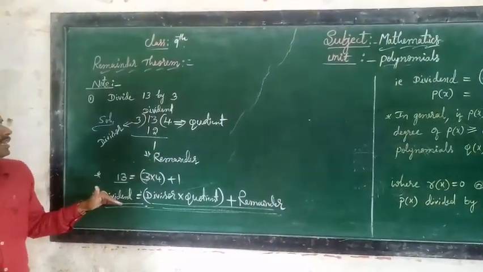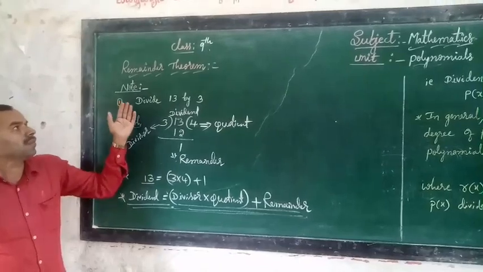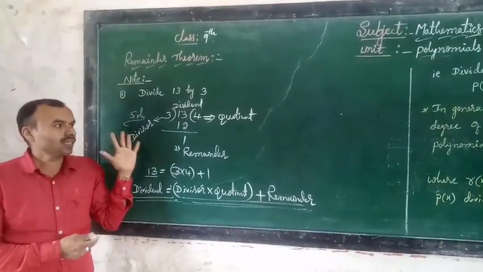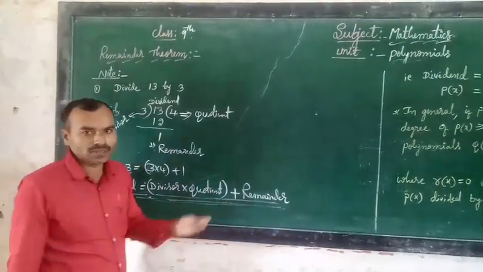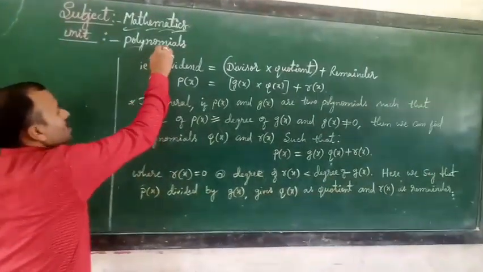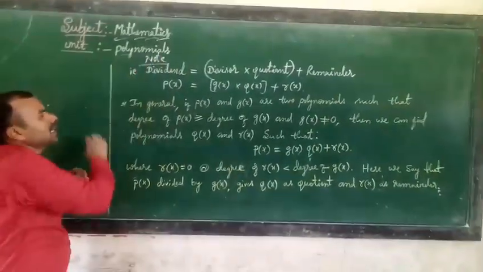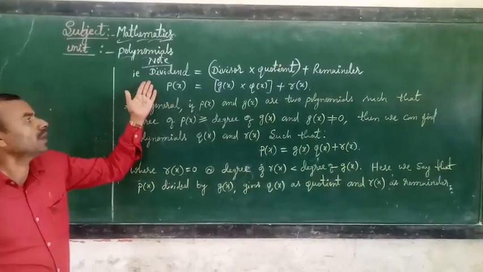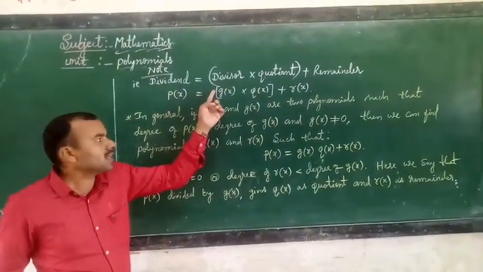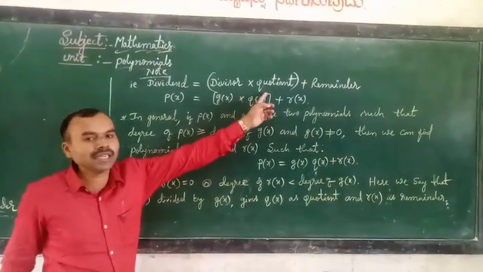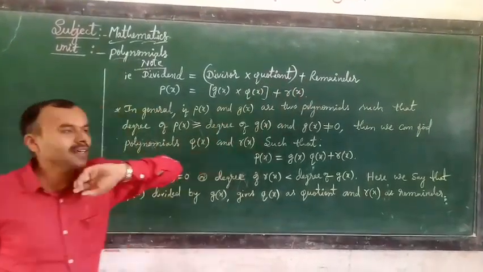So by using this we write the remainder theorem. Here there is an important note: we already know dividend equals divisor into quotient plus remainder.